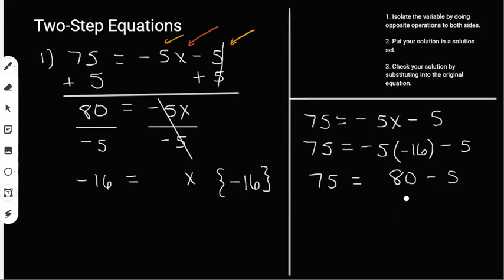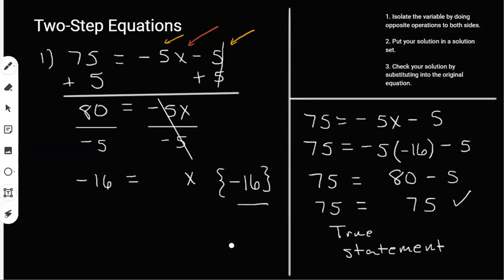And when I do that, I get 75. And it's going to be equal to the left side. I get 75 is equal to 75. That is a true statement. So when you get a true statement, you know that you chose the right solution, negative 16.